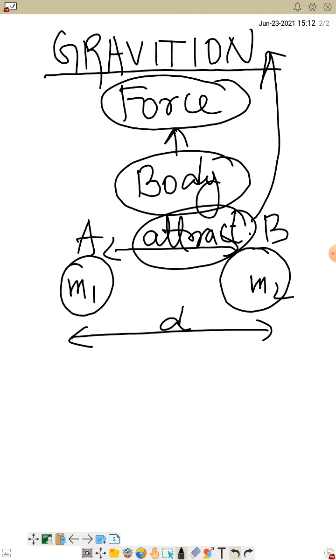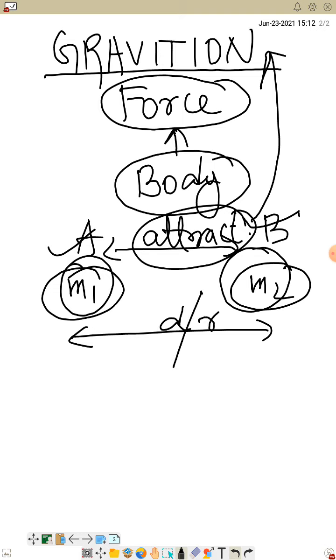So these two bodies A and B, whose masses are m1 and m2 separated by the distance d, or sometimes it is referred to as r also, is known as gravitation. That is the definition.